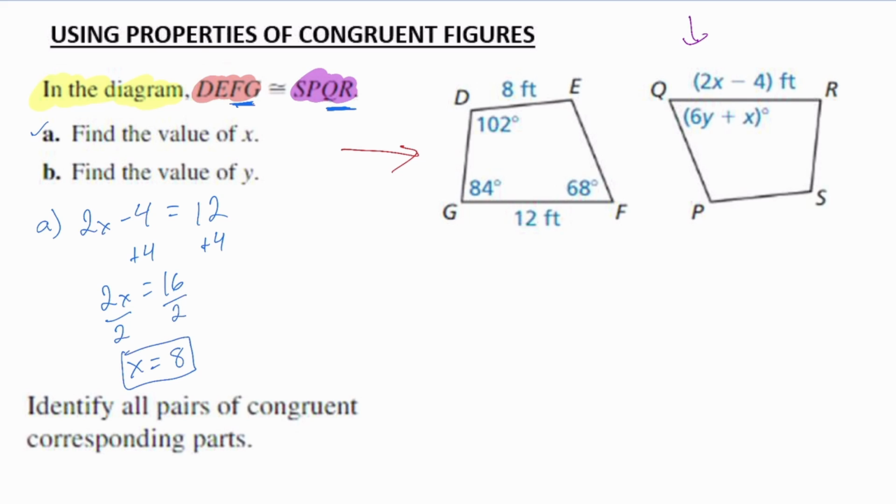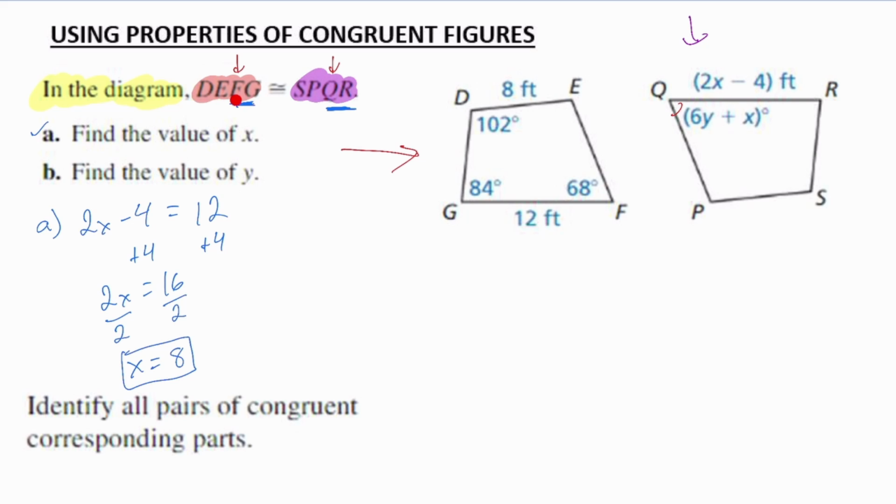Part A is done. The next thing is I want to find out, okay, where do I see y in this particular setup? And I see y right over here in this 6y plus x, and that's going to be right here at angle Q. So that's this angle right here. And Q is right here in SPQR, so it's going to correspond to angle F, which is in the same spot, the 3rd position.